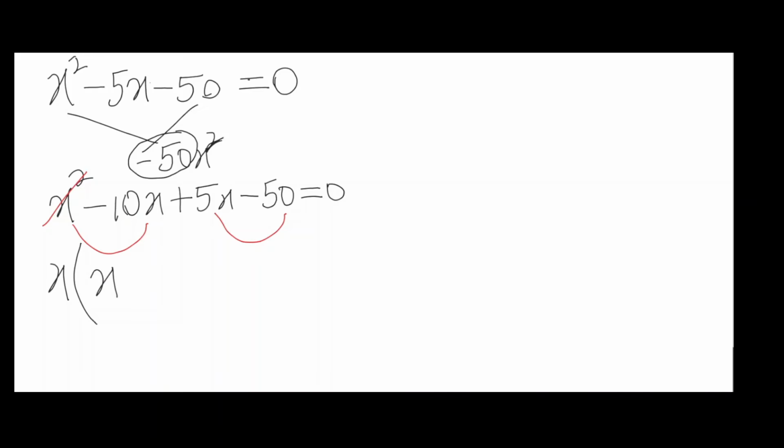Then x in negative 10x. So it's just saying negative 10x divided by x. It's easy to see that x is going to divide x. We are going to be left with negative 10, sorry. So we have minus 10.